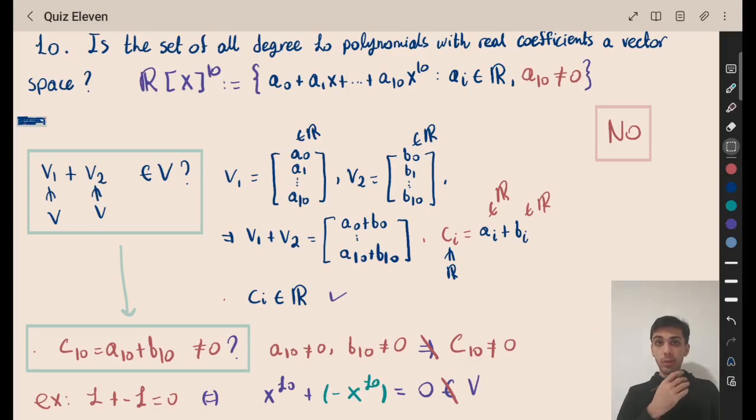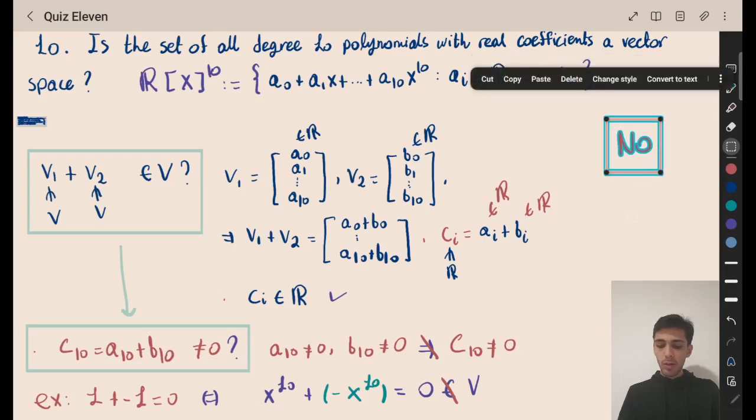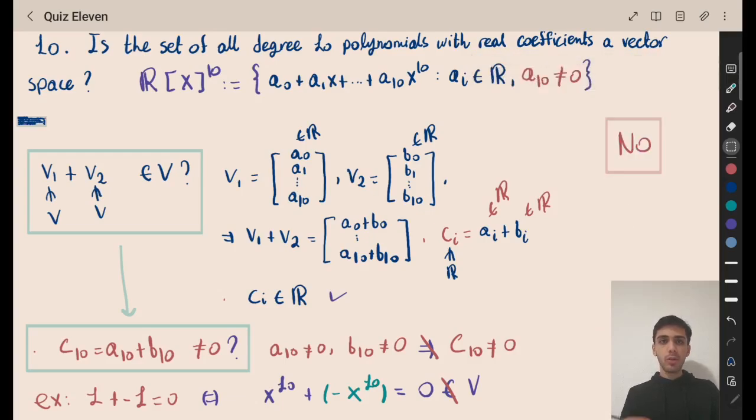But this is on a very basic level. And now we don't have that this is a vector space. By a very basic level, I mean that you could also make this more complicated by looking at scalings and addition together and seeing if it fails.